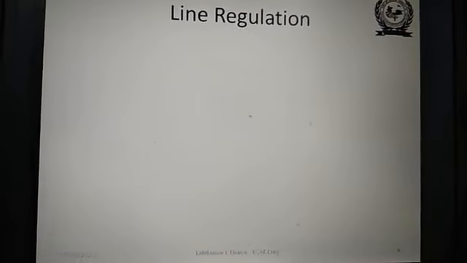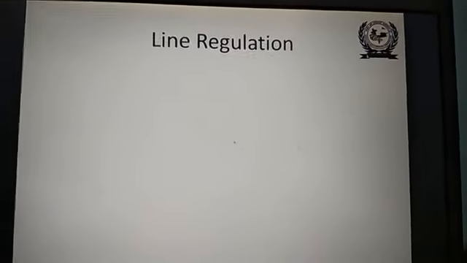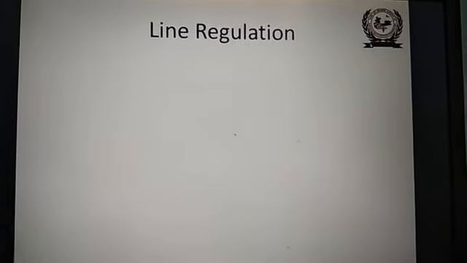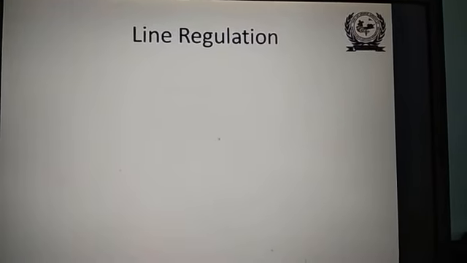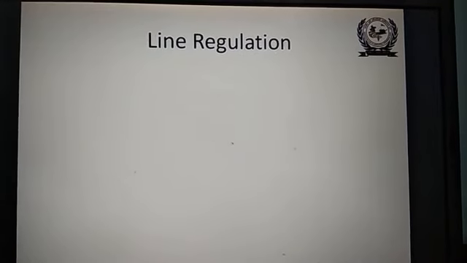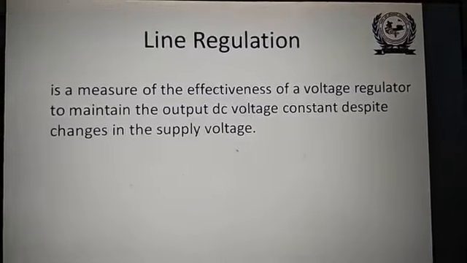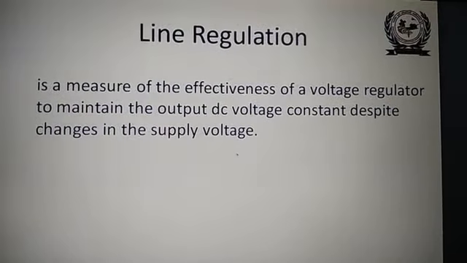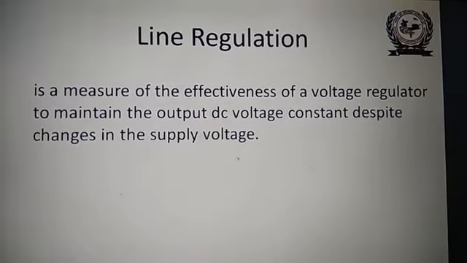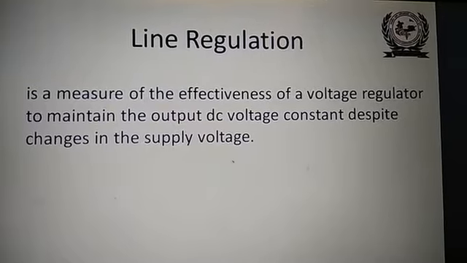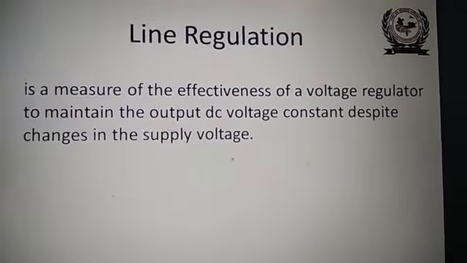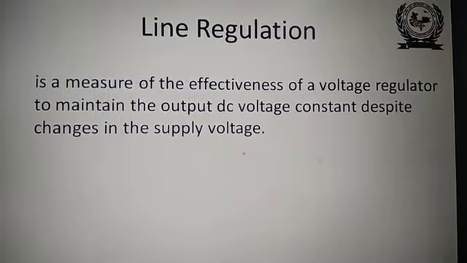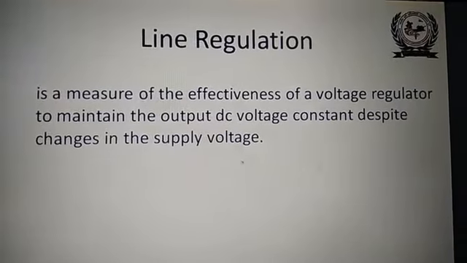Now we will see very important characteristics of the regulators. There are two important characteristics of regulators, that is line regulation and load regulation. What is this line regulation? It is a measure of the effectiveness of a voltage regulator to maintain the output DC voltage constant despite the changes in the supply voltage.